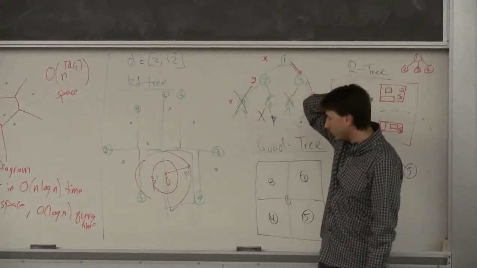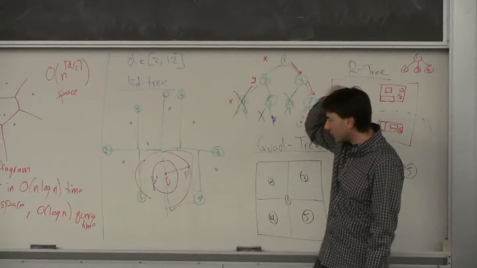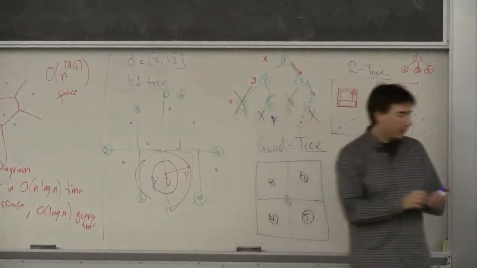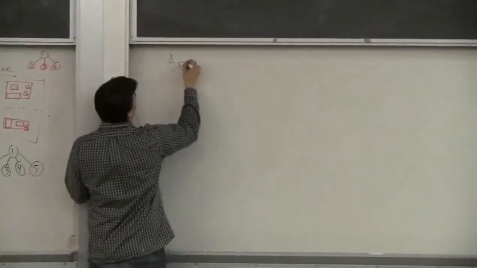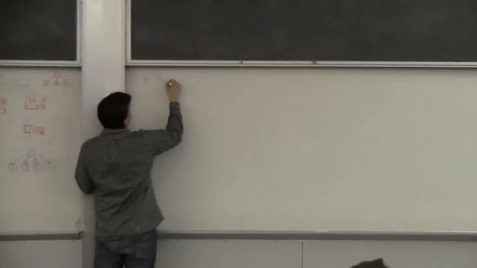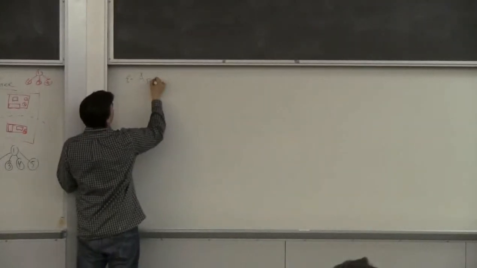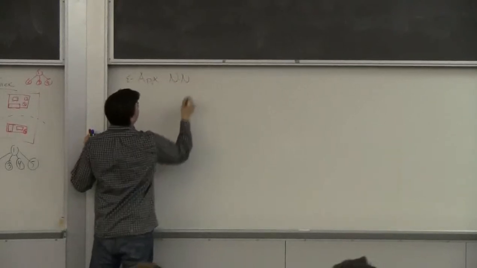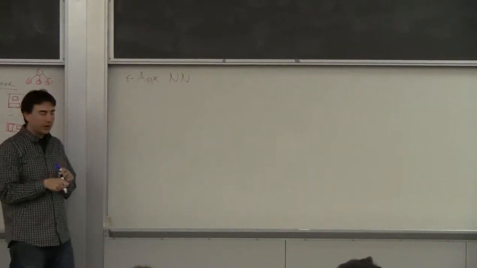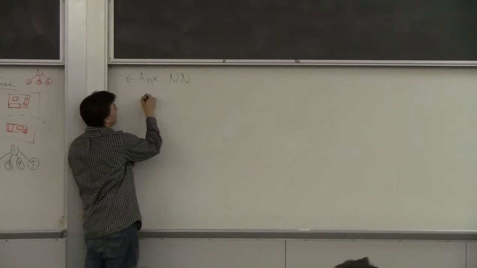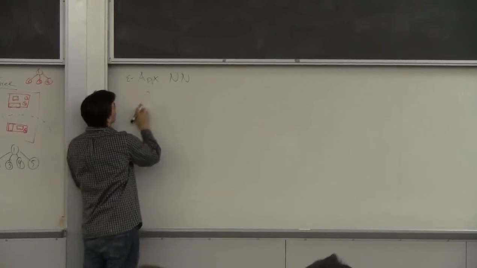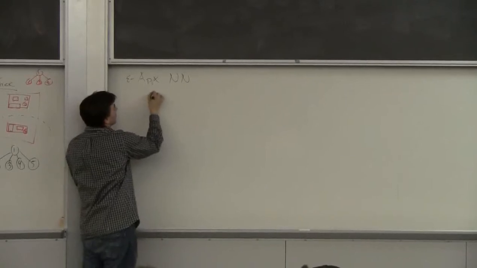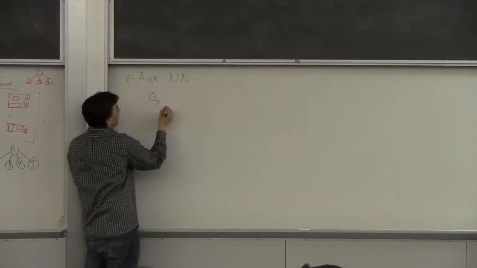And that's, instead of finding the exact nearest neighbor, to find what's called the epsilon approximate nearest neighbor.